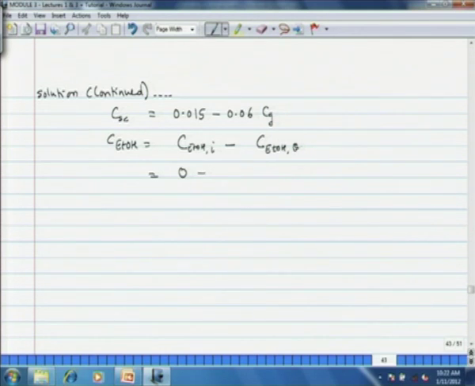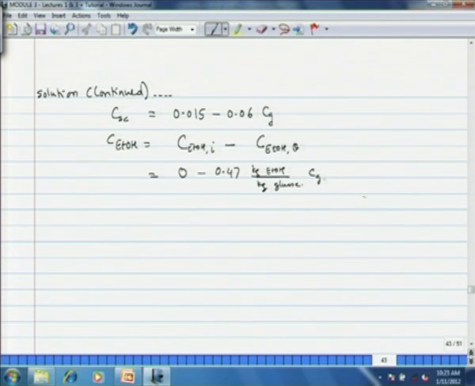The yield of ethanol per glucose fermented is 0.47 kg ethanol per kg glucose. Now volume is going to remain constant, so we multiply by Cg, the concentration of glucose.